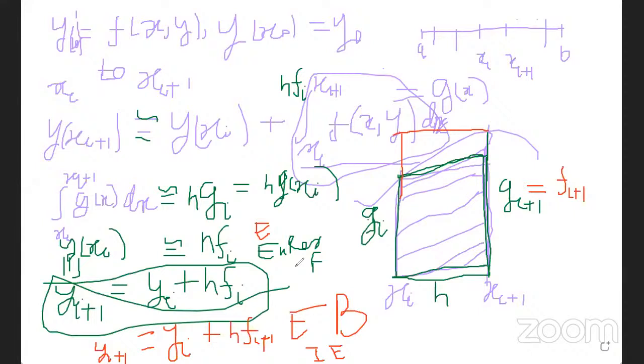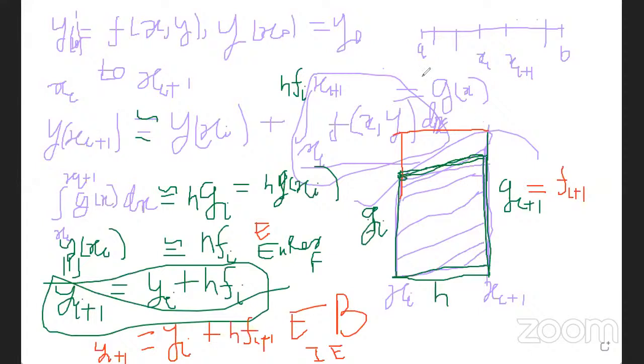Because in the first case, we are taking the terminal value and stretching that terminal value in the interval in the forward direction. For this reason, this method is known as the forward Euler method.